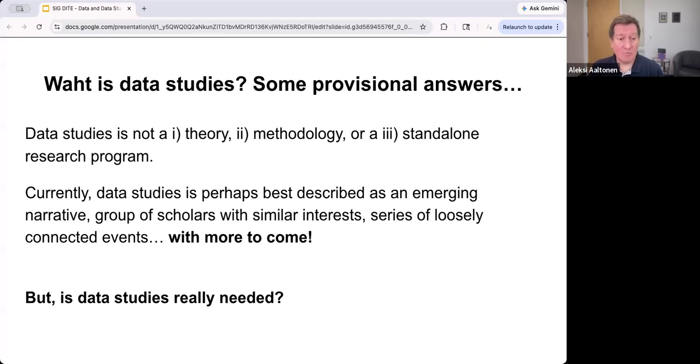It's not a particular methodology. A lot of the studies we have been doing have been qualitative studies, but there are also high quality design science studies, laboratory experiments, even quantitative studies. So in that sense, data studies is open to all kinds of methods.